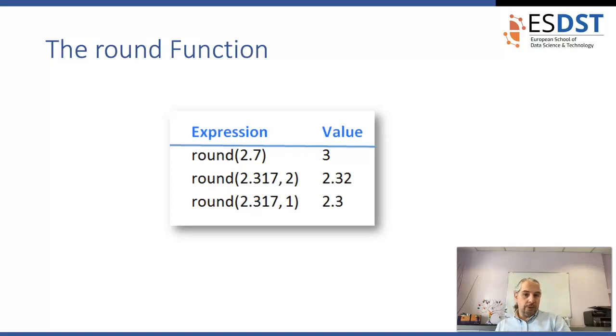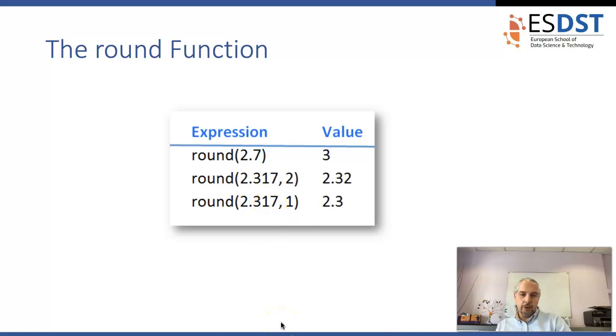If I want to round, because you probably saw in my previous example that it had many decimal digits, I can use the round function. If I use the round function without any argument, it rounds to an integer. But if I say comma 2, it will round to 2 decimal digits. Or comma 1, it will round to 1 decimal digit, and so on.